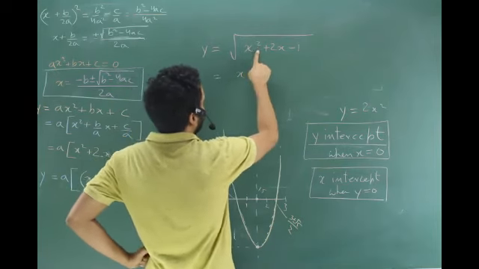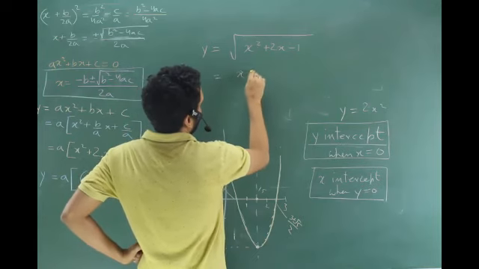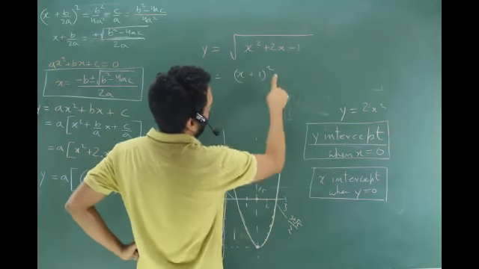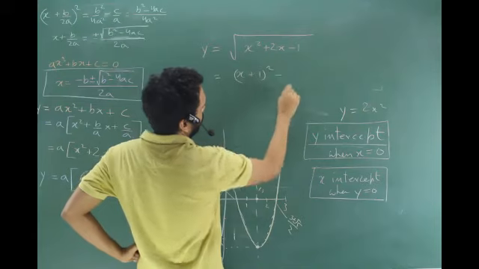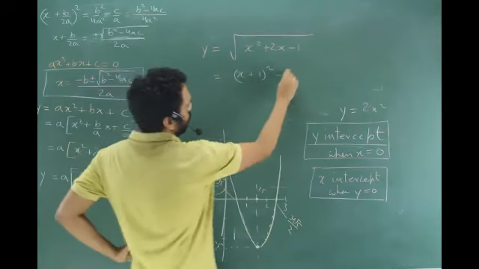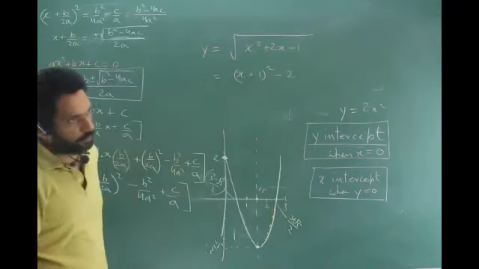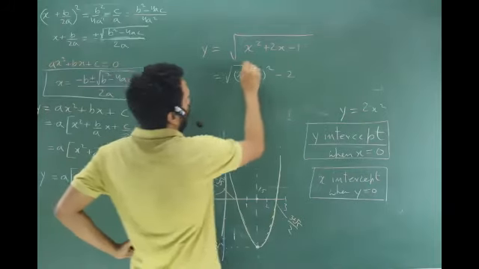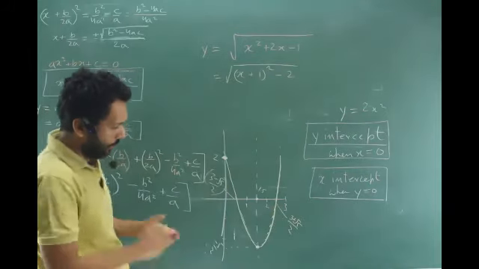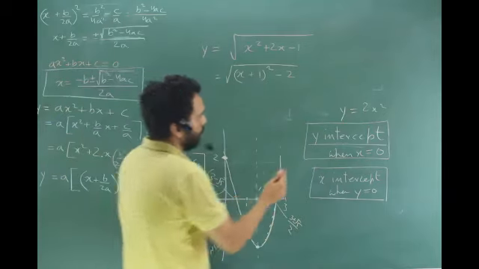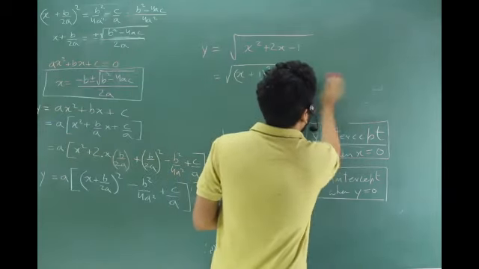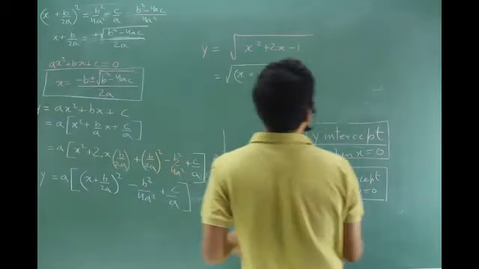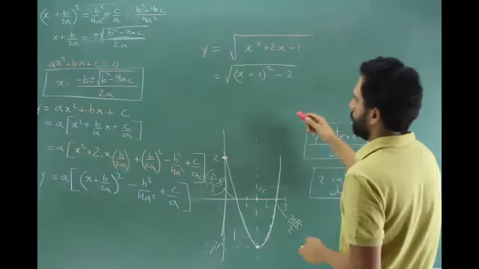This was x plus 1, the whole square, and how much was there? Minus 2. Right? Under root of this. But this is not in course. I'm not wanting to ask this in the test. So what will this be?